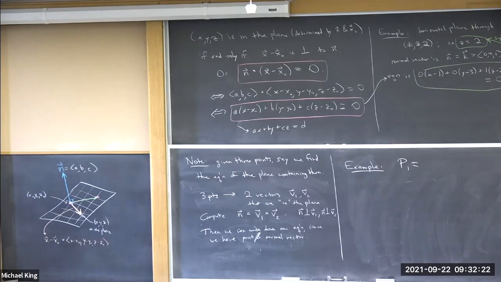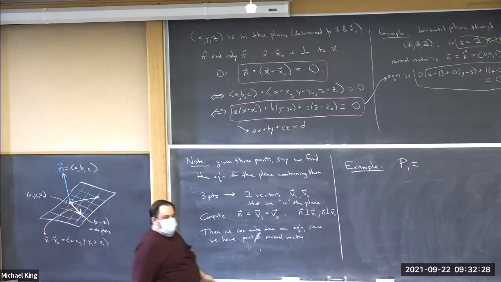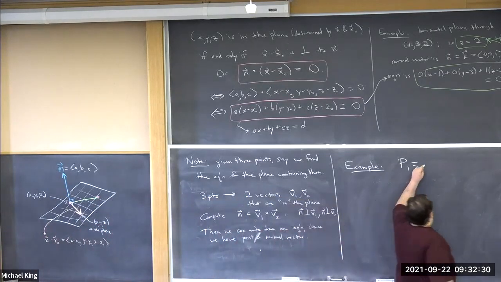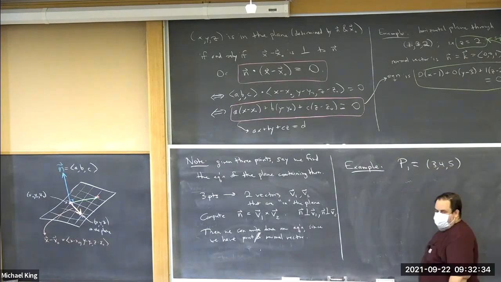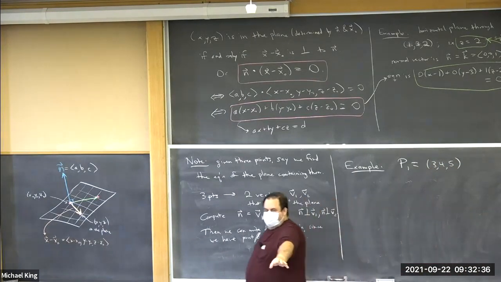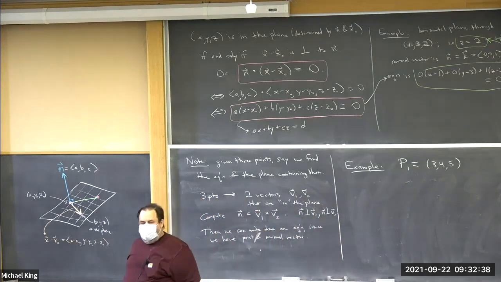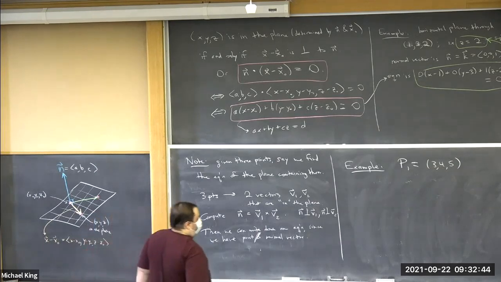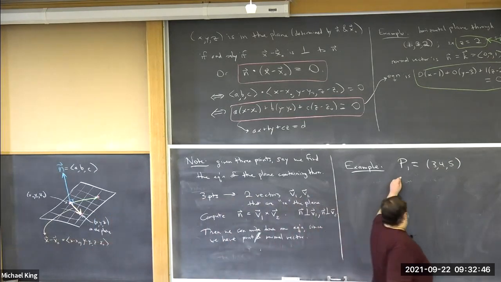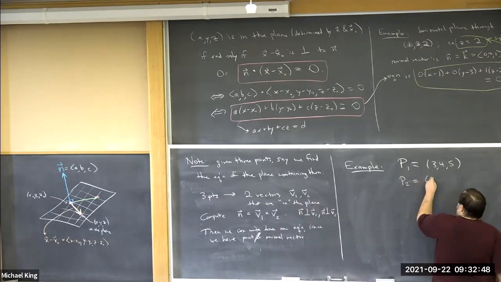Somebody over here, give me a point. 3, 4, 5. All right, that's reasonable. Somebody in this part of the class, give me another point. I like the negative. 2, -5, 3.